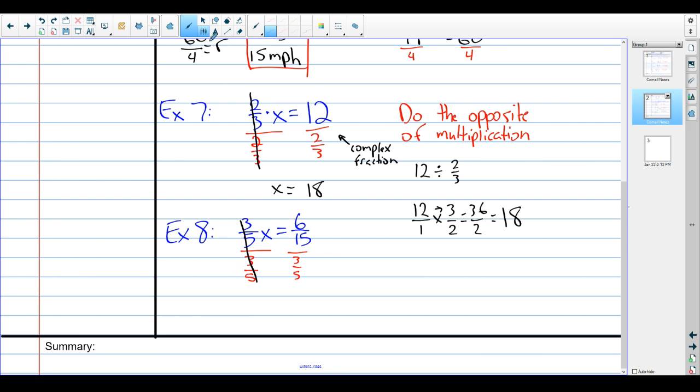And then on the right-hand side, we have to work out what is 6/15 divided by 3/5. And then we rewrite it as a multiplication problem. The first number stays the same. Division flips to multiplication. We flip our second fraction.